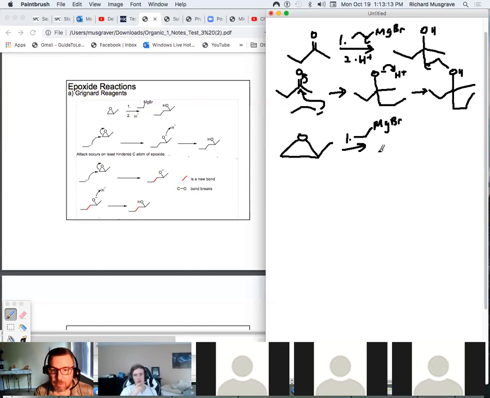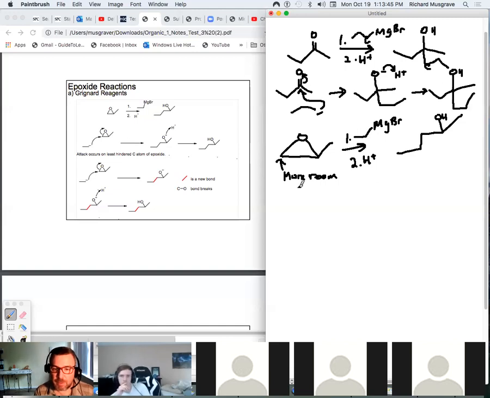So I'm just going to follow along with what we have here. So I've got the more room made for the C that's on the left side of the epoxide in this case.